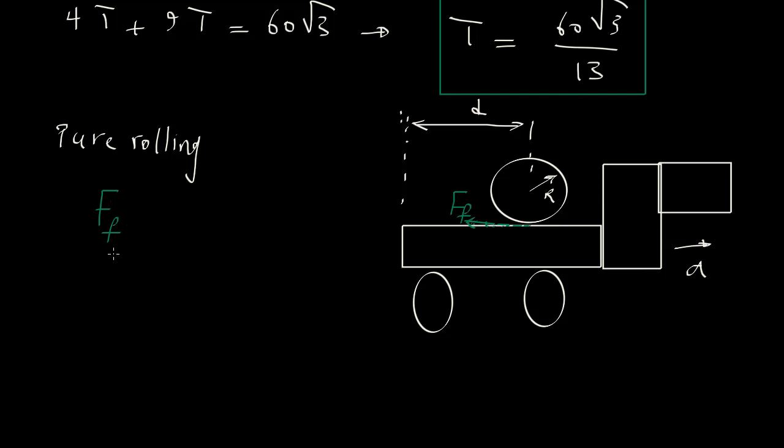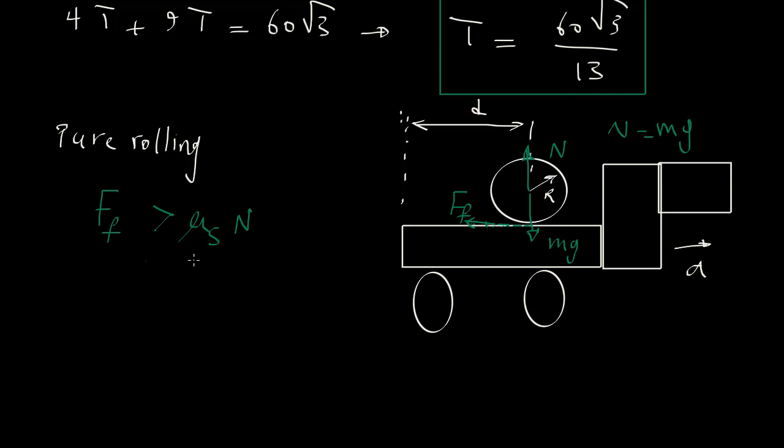And the key here is that if the value that we find for F_f is larger than mu_s N, and here N was just mg, because we didn't have any motion in the vertical direction for the disk, so we had N equal to mg. So if this force was larger than mu_s N, remember this is the maximum friction force for static friction.